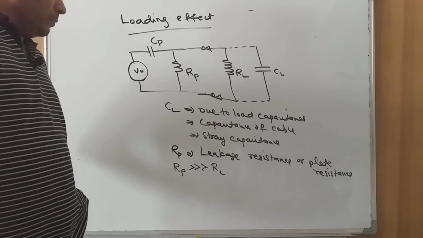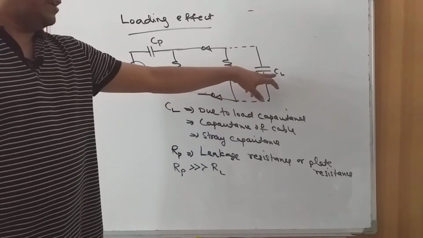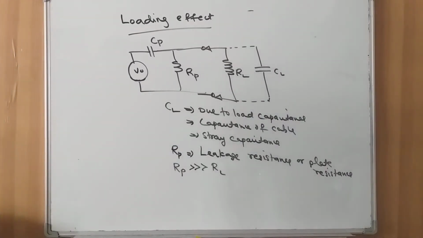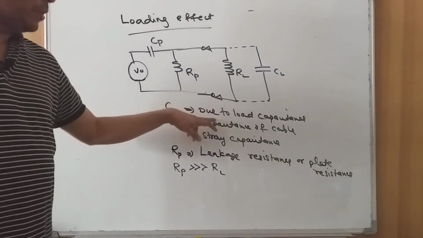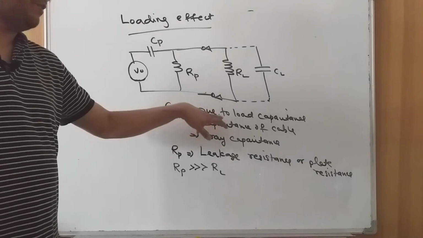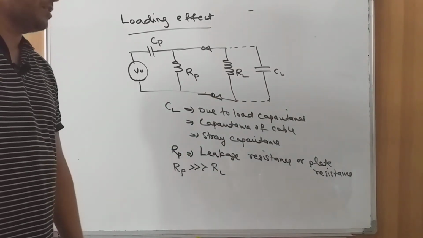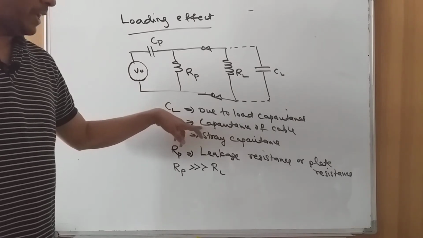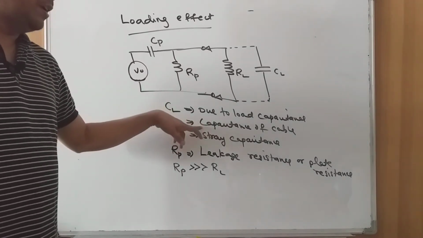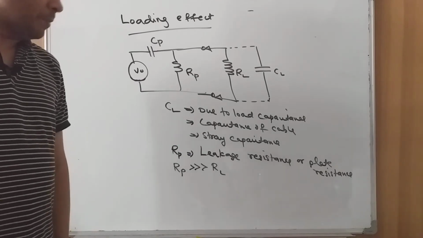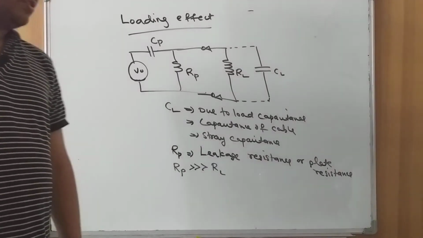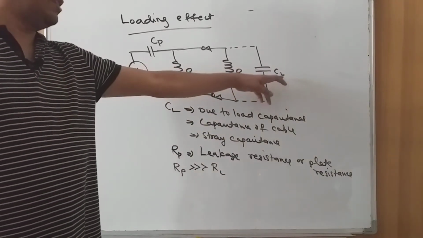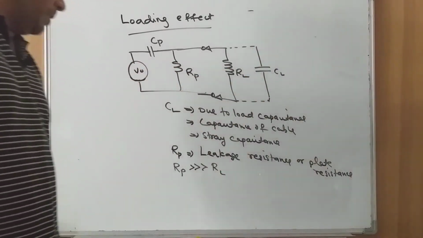Now, the major issue is the capacitance effect. There could be capacitance due to the load itself. We also have the capacitance of the cable, and there may be stray capacitance or any other capacitance due to some external field. All together can be represented as CL. CL normally comes across the RL terminal.